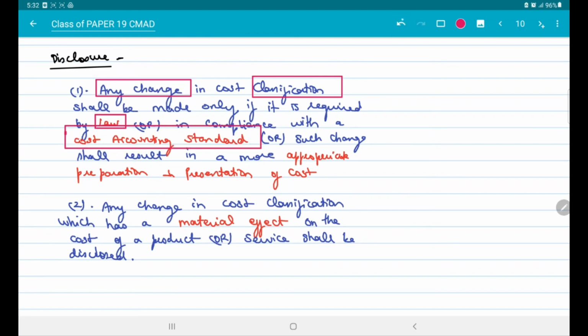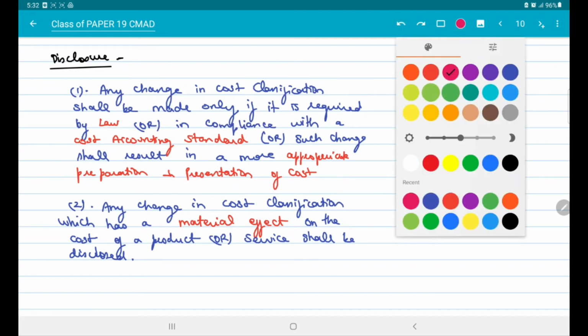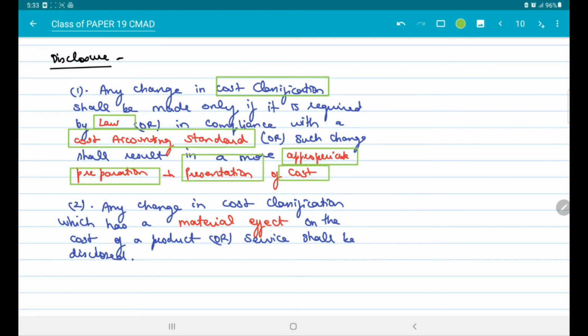So if in case you want to make any change in classification of cost, it shall be made only if it is required by law or cost accounting standard, or such change shall result in more appropriate preparation and presentation of cost, then only it is possible.